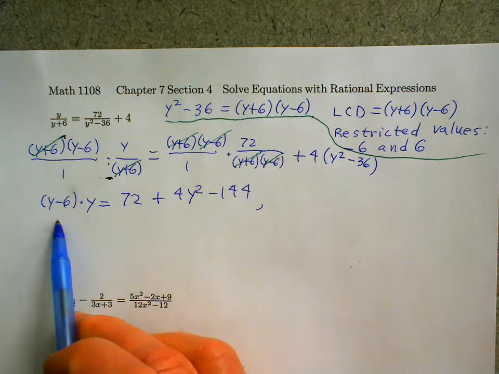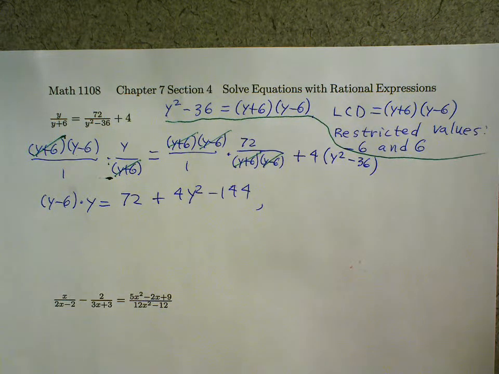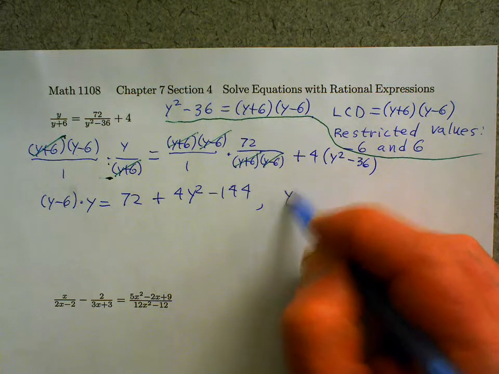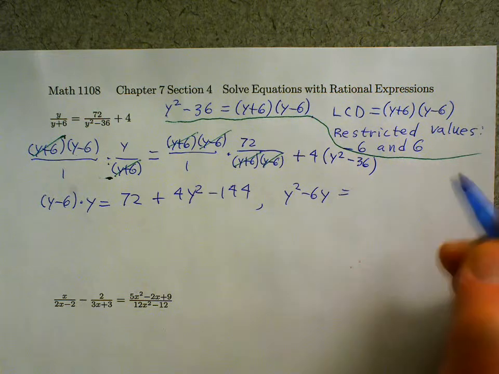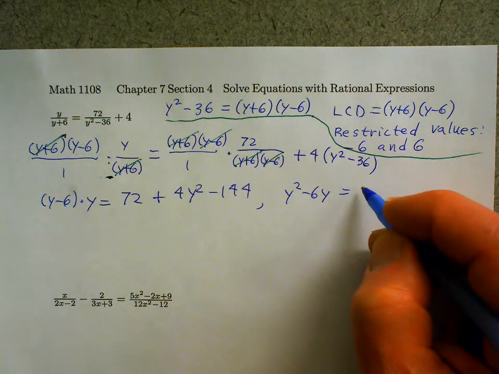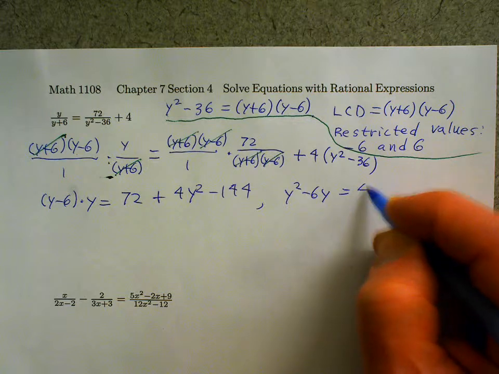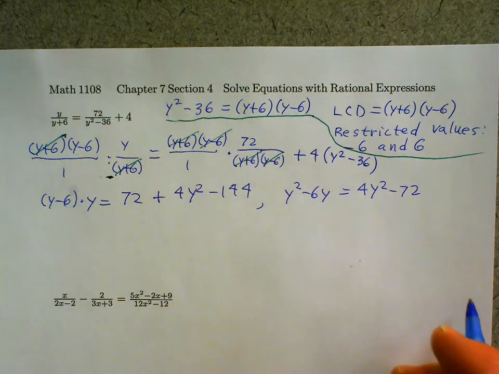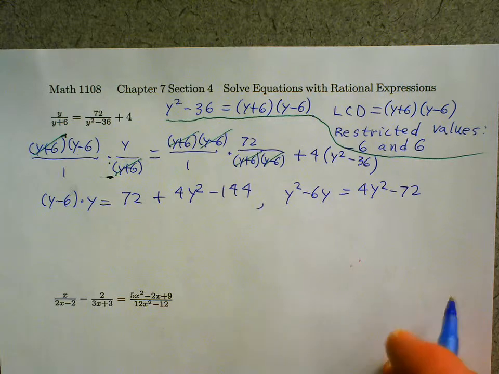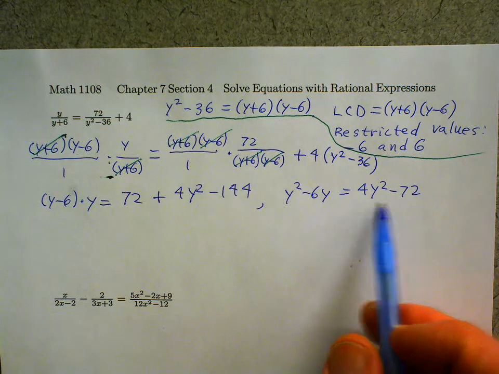So on the left-hand side, y minus 6 times y is y to the second minus 6y. On the right-hand side, when we combine like terms, we get 4y to the second minus 72. Okay, so this is definitely a little more complicated.